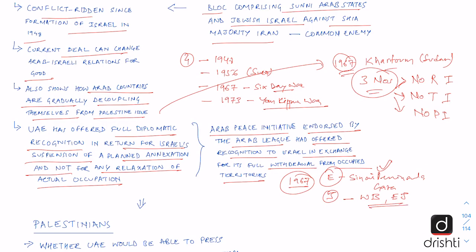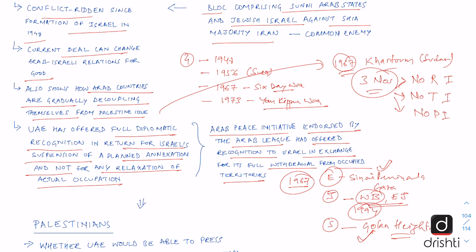Both are in Israel's occupation still. And after Israel and the Palestine Authority recognized each other, Jordan withdrew its claims on the West Bank. And in 1994, Jordan also recognized Israel after signing an agreement. And the third country is Syria, from which Israel had occupied the Golan Heights. This is also in the possession of Israel.